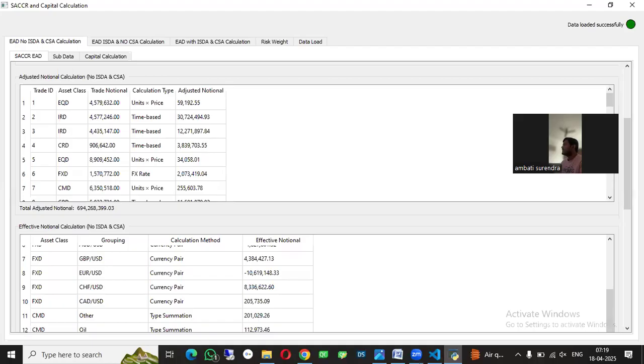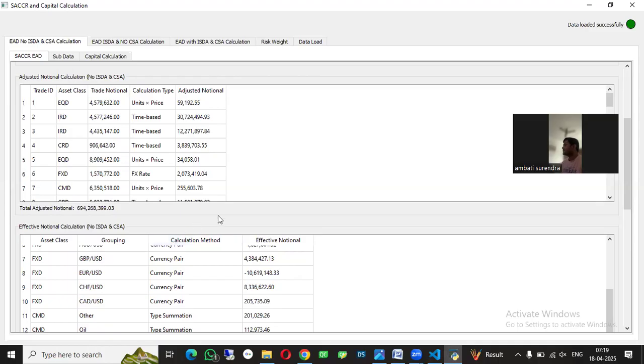So for each asset class, I followed certain formulas at this stage for the adjusted notional calculation. For equity derivatives and commodity derivatives, I use the formula for units and prices, where adjusted notional is the product of the number of units and the spot price.